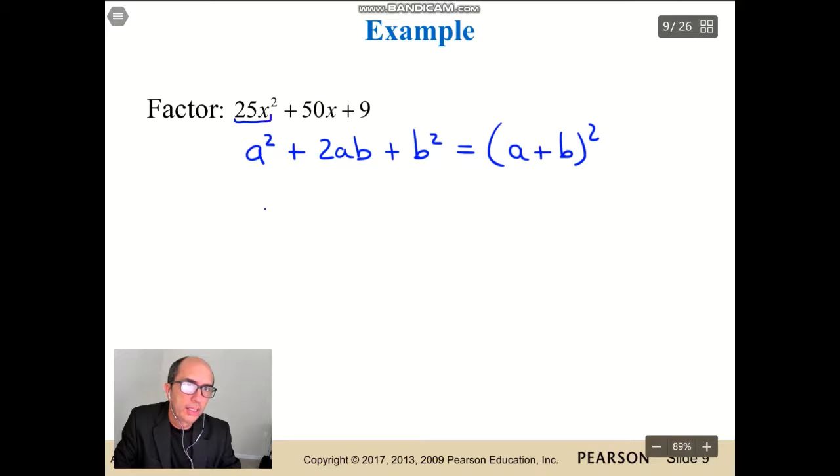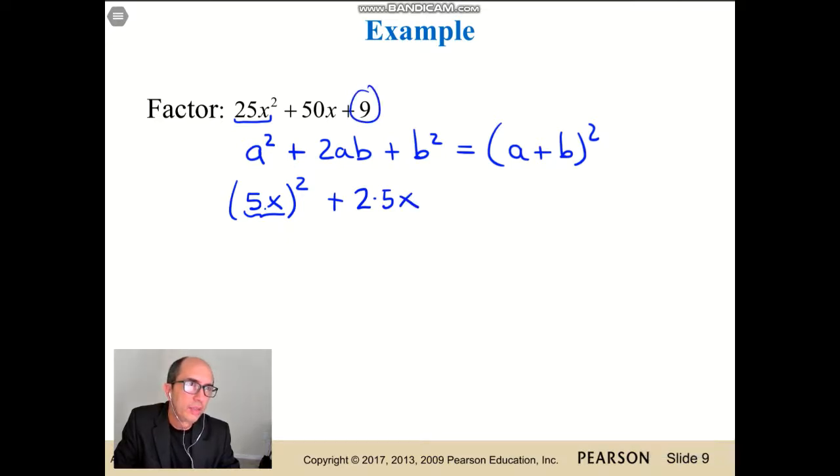We can rewrite the first term as 5x squared, 25x squared, it's the same thing, plus 2 times, this is going to be our a, 5x, and if this is b squared, our b needs to be 3, plus b squared, 9.